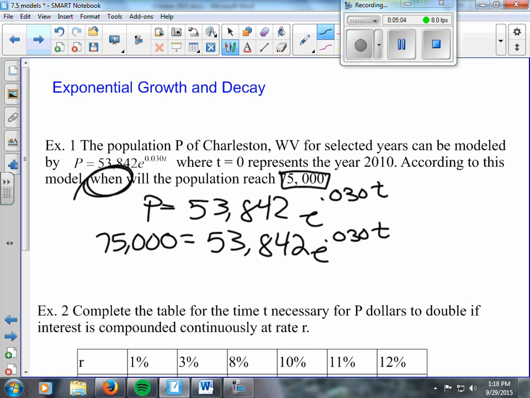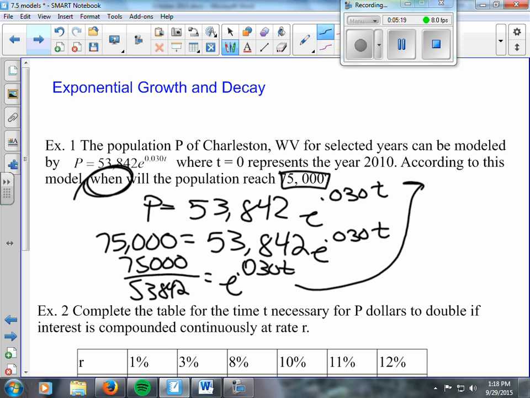So we would divide both sides by 53,842. And now I have one less number over here by my t. I'll take the natural logarithm to eliminate the e. So the natural log of this fraction, 75,000 over 53,842, will now equal 0.03 t, and I simply divide that number by 0.03 and I will get the time.